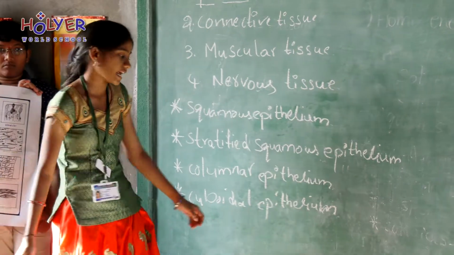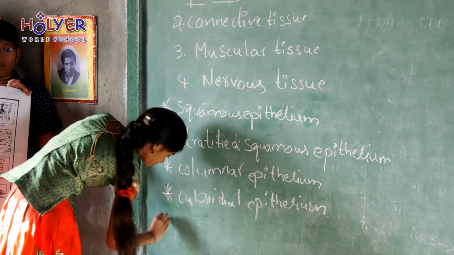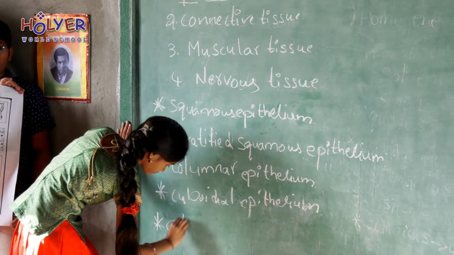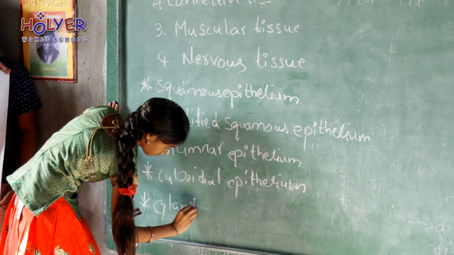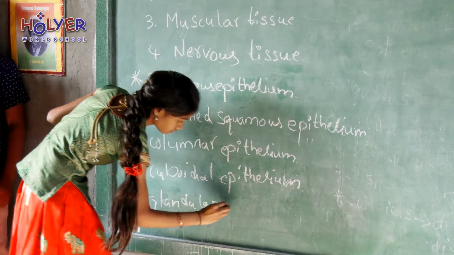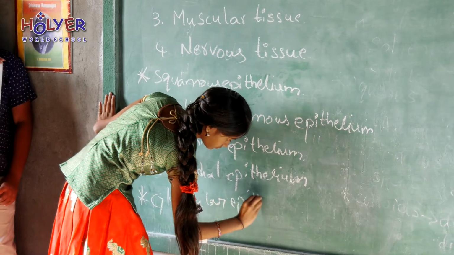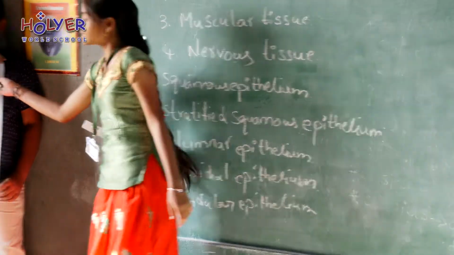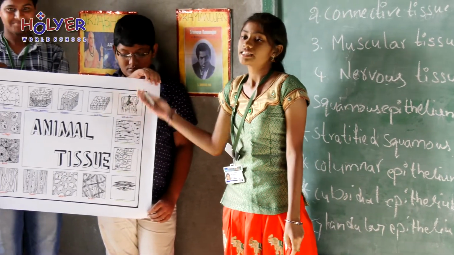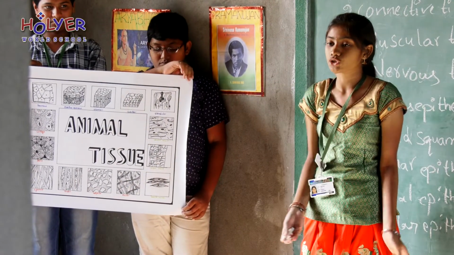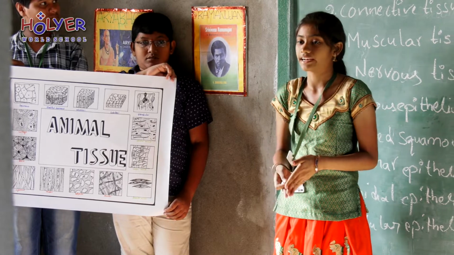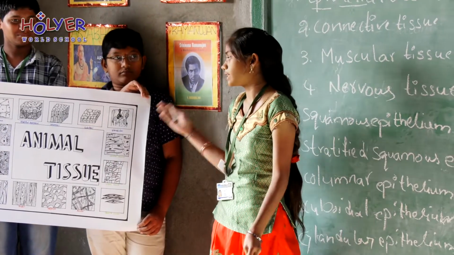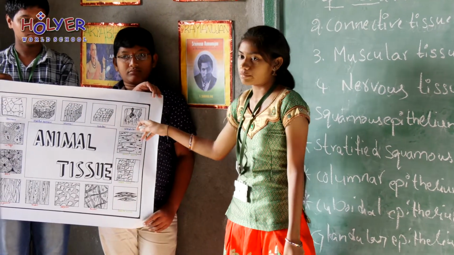And the last one is the glandular epithelium. Here this is the structure of glandular epithelium. Sometimes the cells of the epithelial tissue fold inwards and form a gland, and hence it is known as glandular epithelium. And these are the types of epithelial tissue.